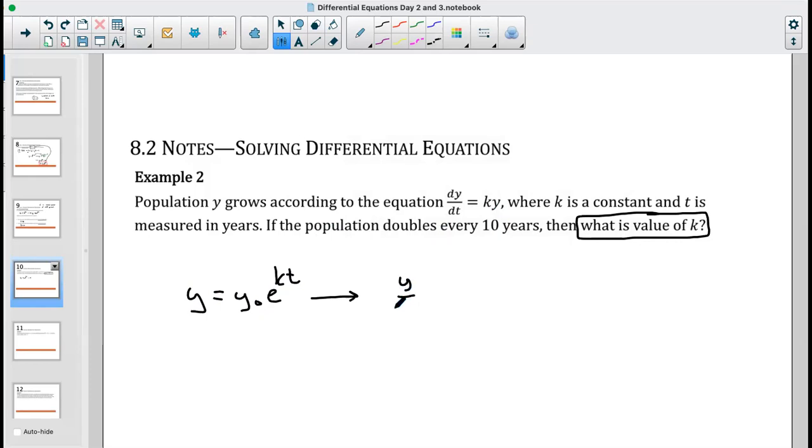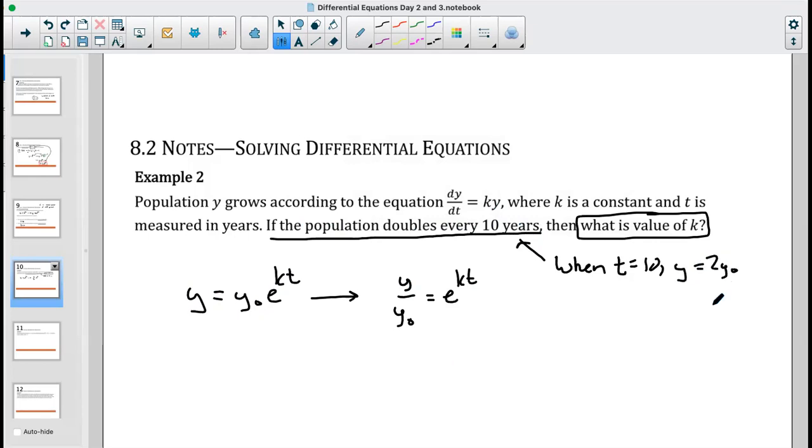So I can divide both sides by y0, and I get this. And what this tells me is that when t is 10, y is equal to 2y0. After 10 years, the new population is twice the original population.